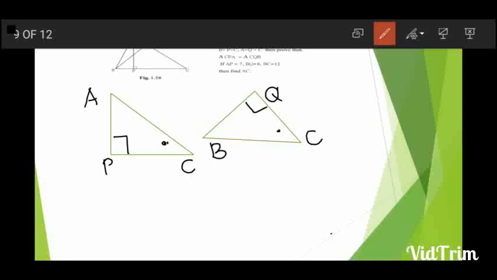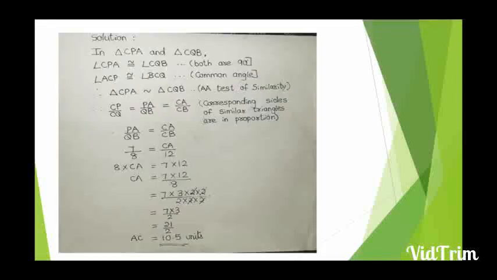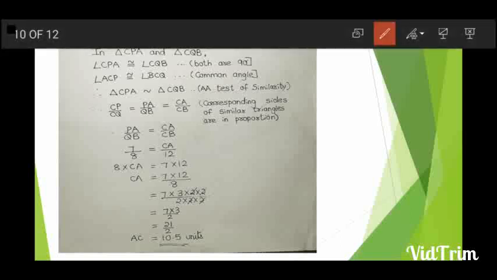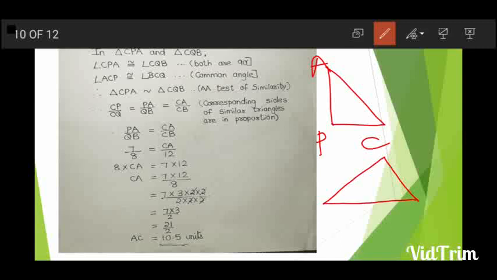Now for your clear reference, I have drawn both the triangles separately, that is APC and BQC. Now see, again let me draw over here, triangle APC and triangle BQC.